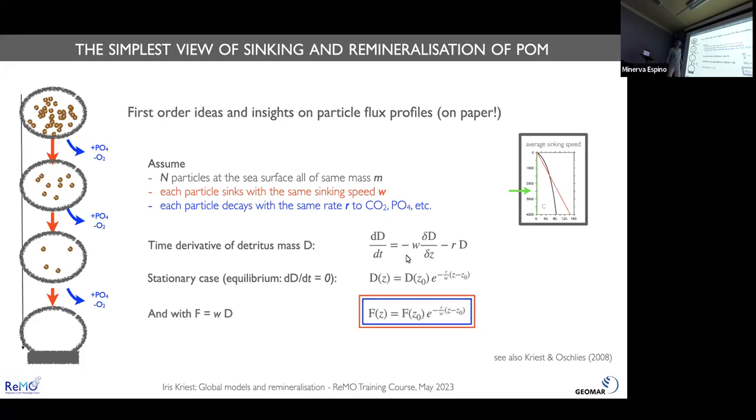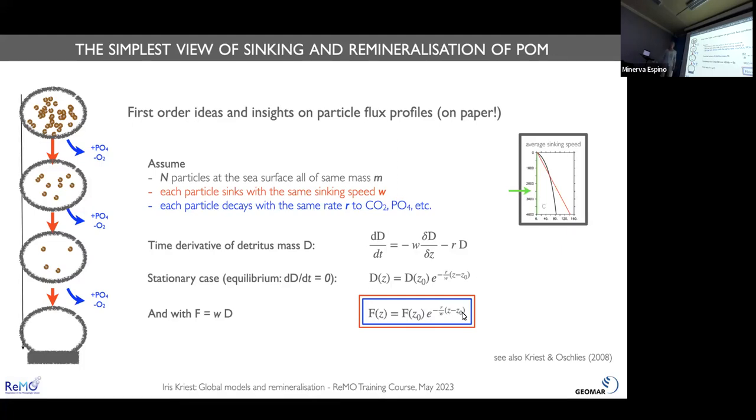Because they all sink with the same speed, we can do so analytically for the vertical flux, and we obtain a vertical flux profile that's an exponential function that depends on the remineralization rate. That's for those that don't see it very well. So that's here in the numerator, divided by the sinking speed in the denominator, and then multiplied by the distance traveled.